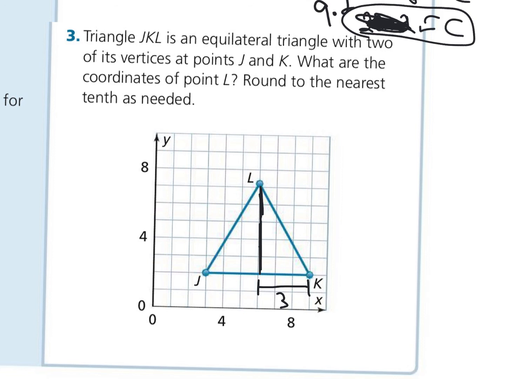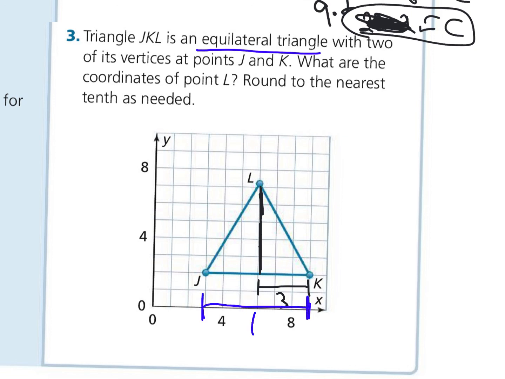And if you count the squares, no, never mind. We don't know what point L is. The thing about this problem, it's a little bit tricky, but it says it's an equilateral triangle. So that means all 3 sides are the same length.